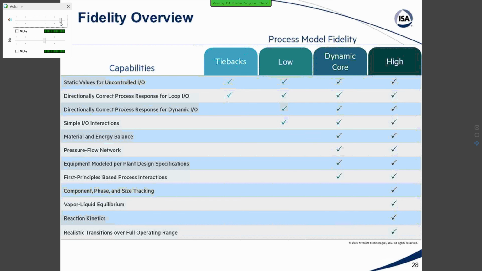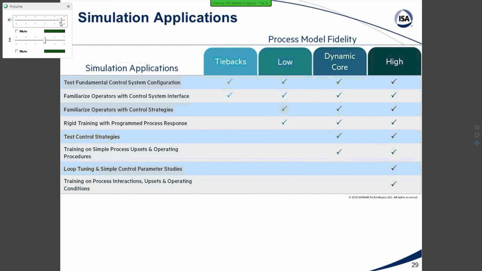What these additions allow you to do is start getting into these more advanced uses of the simulation. It includes maybe tuning some of your loops, or doing some control parameter studies. And then doing training on some of these complex process interactions, or upsets in operating conditions. Some of those things like I was talking about for testing on startup and shutdown.